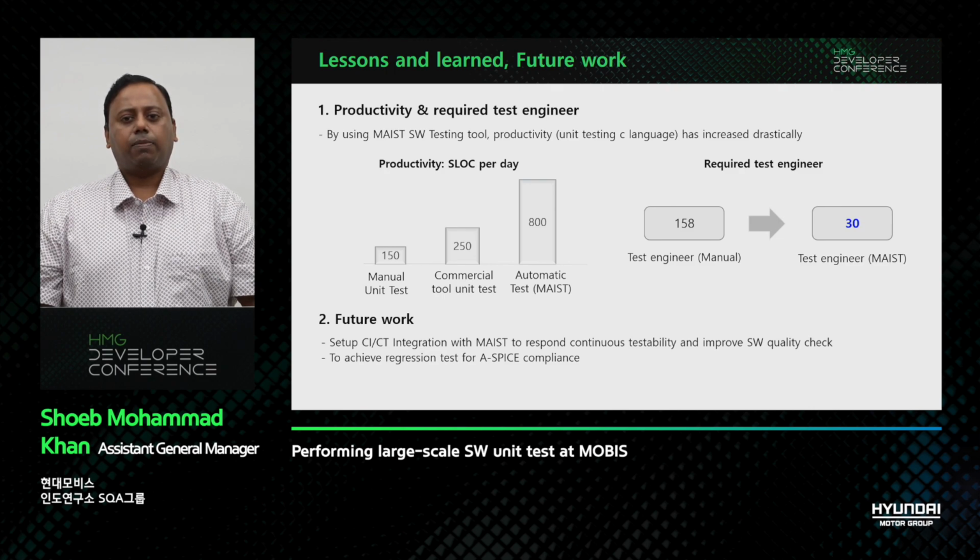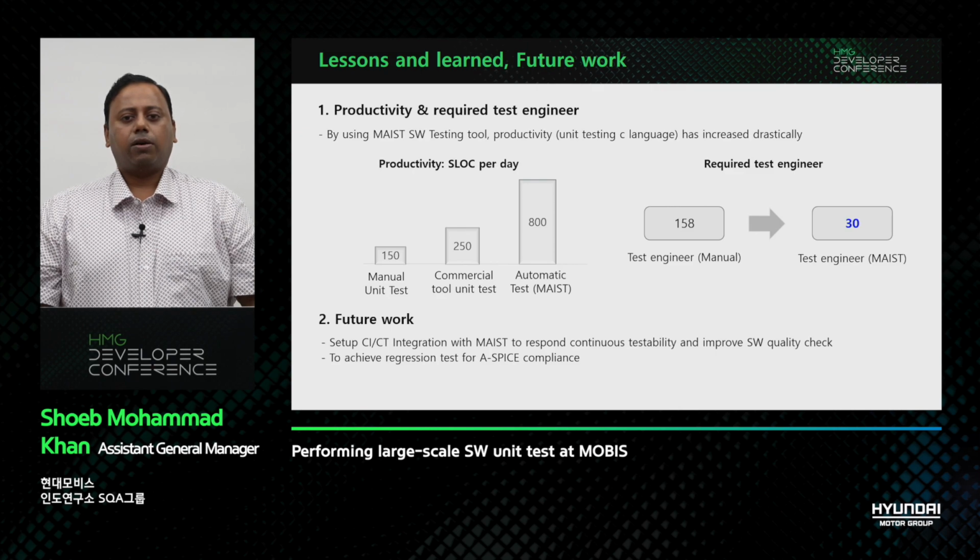Summarizing the MICE capabilities, we have observed a significant enhancement in productivity when utilizing this software tool for C language source code. Specifically, we have achieved a productivity rate of 800 SLOC per day, which represents a substantial improvement compared to manual unit testing and using commercial tools.